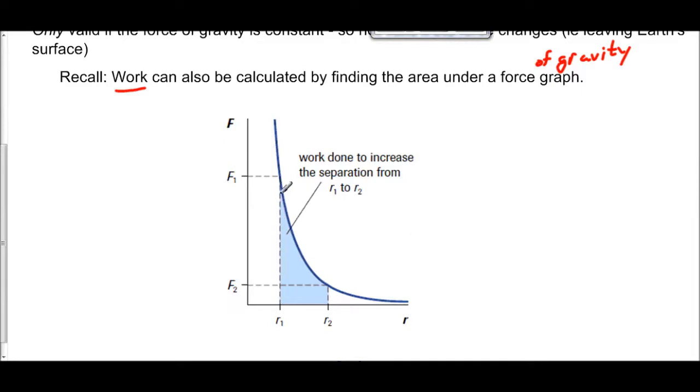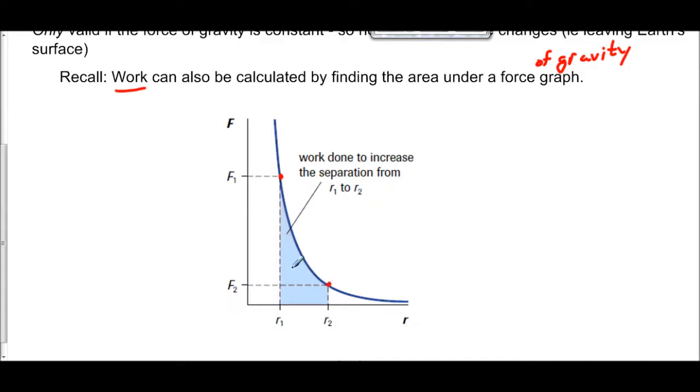So what we're looking for is this area that I'm highlighting. This area will represent the work done by whatever is moving an object from r1 to r2.